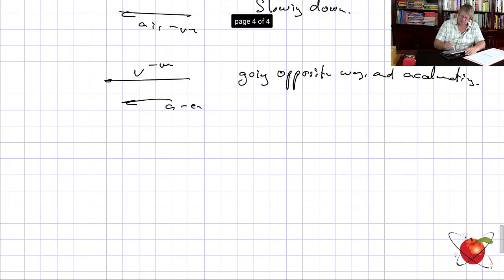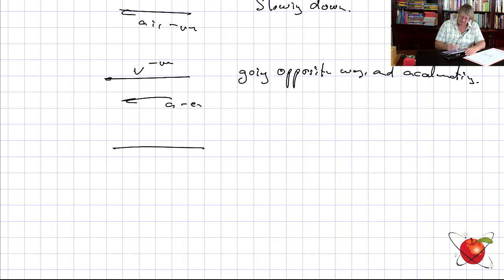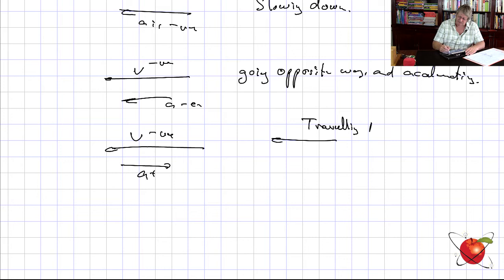The last one, logically, we could have is v is negative and acceleration is positive. What does it mean? It means I am traveling, let's say west, and slowing down. I'm traveling this way, but the acceleration is this way.